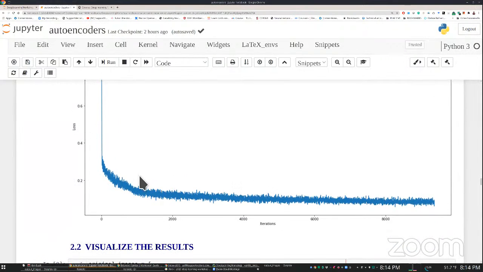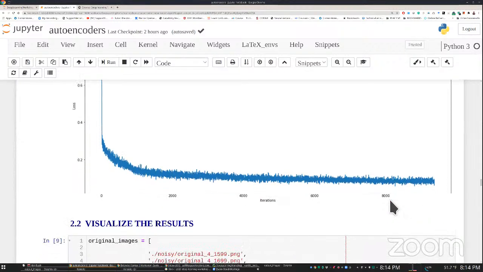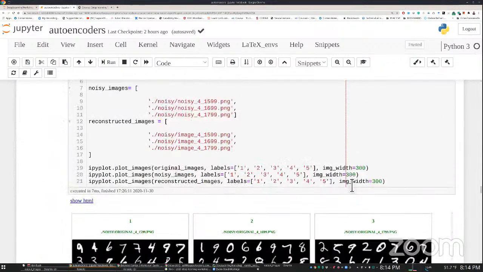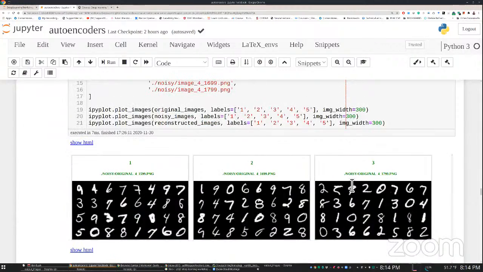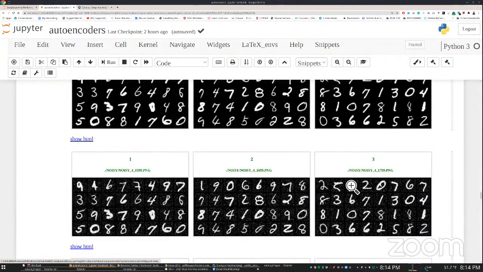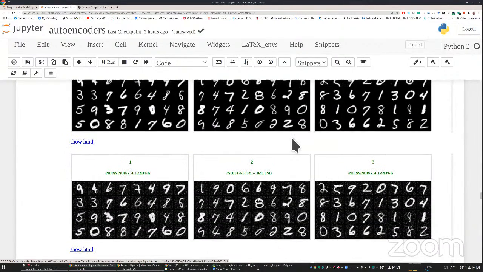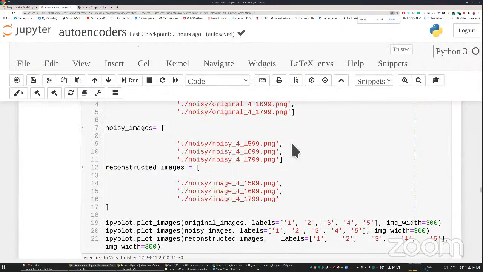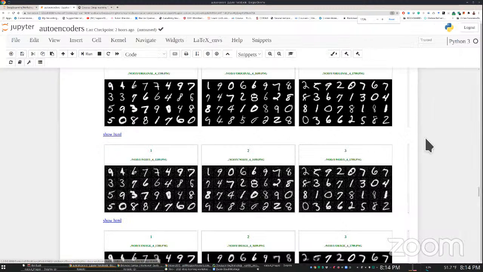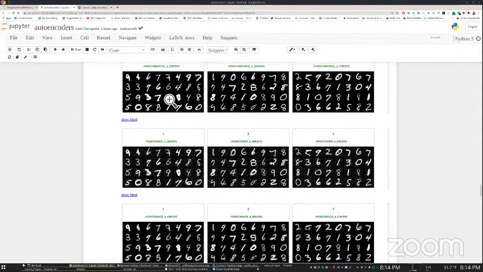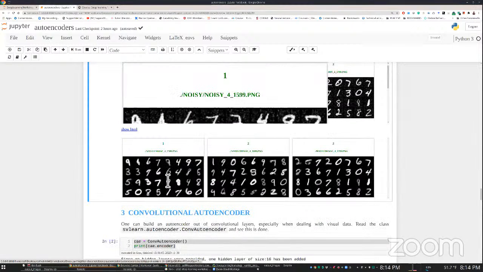Well, here is the loss function. And the interesting thing is, let's look at it. This picture I find quite amazing. Guys, would you agree that, actually, let me make it just a little bit smaller. Yes, so we can see all of them together. Look at the picture, the first column, 9. Can you guys tell that the middle one has noise injected in it?